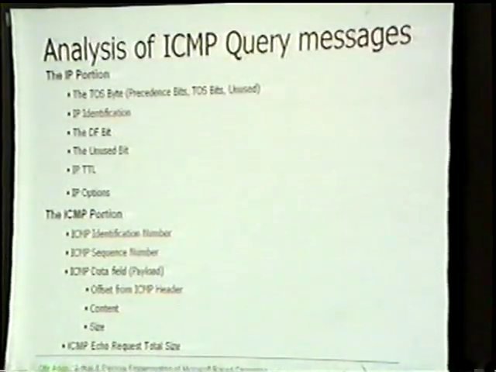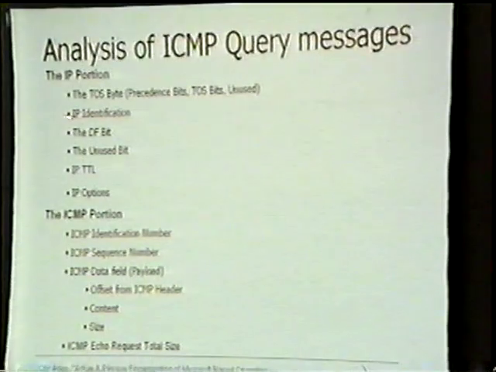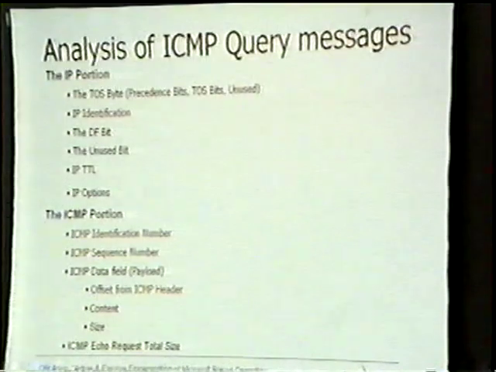Which fields do we have that we can use in order to do so? We have the type of service byte, which includes 3 fields. We have the IP identification, which until now nobody even looked at, I think. The DF bit, the unused bit, IP TTL, and IP options, which is the IP portion of all of this.